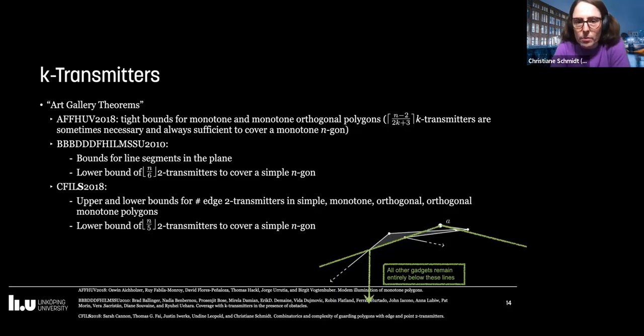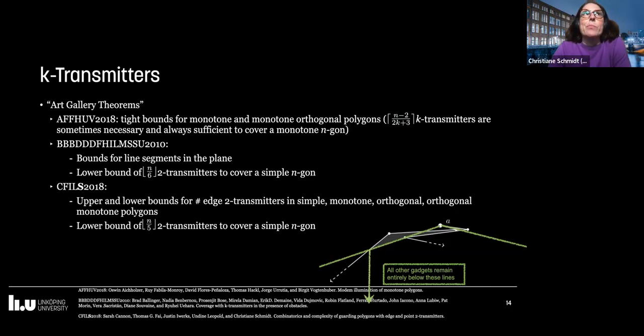Edge 2-transmitters, again, what is the definition? Everything that's visible from any point on the edge? Exactly. So if you can be anywhere on the edge, so usually what we have, we'll look at some of them. You usually have either these point guards that can be at vertices, then you have edges that are seen from any point on the edge, then you have diagonals in the polygon, so anything that's seen from a diagonal, and then we look at sliding, so you can place a line segment somewhere in the polygon and anything that's seen from that line segment.